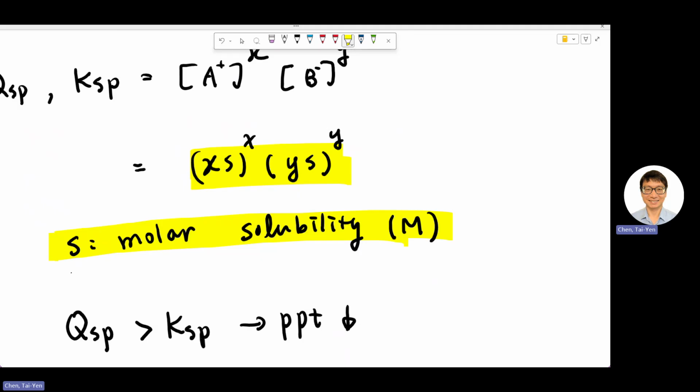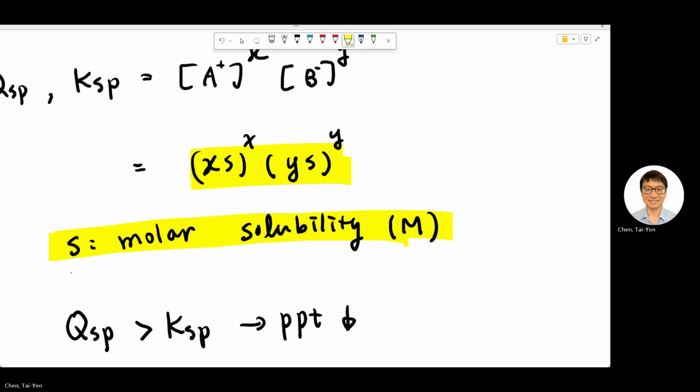But you cannot just use the gram solubility to calculate your KSP. You need to use the molar solubility, which has a unit of molarity. So if you see grams per milliliter, you need to convert it into moles per liter to do your KSP calculations. Otherwise you will never get the correct number.